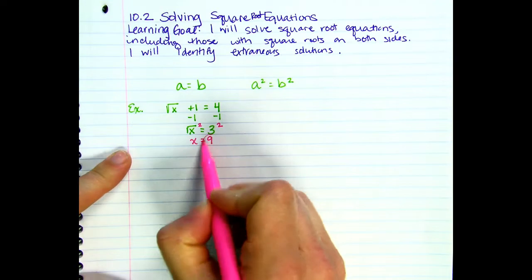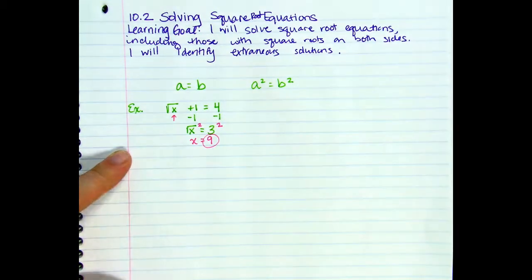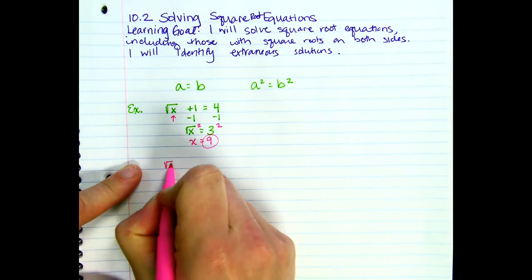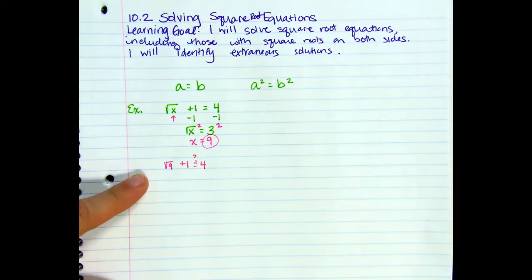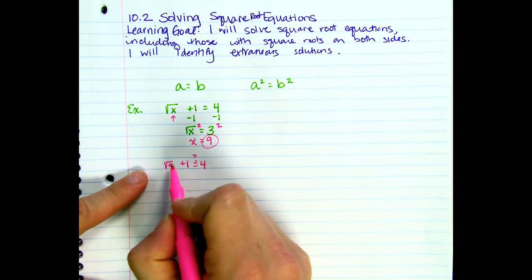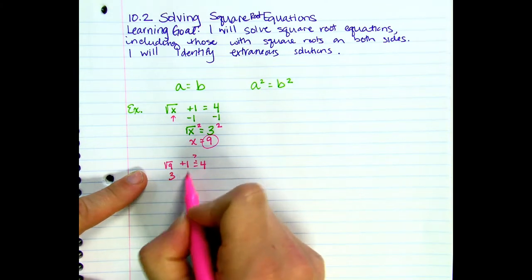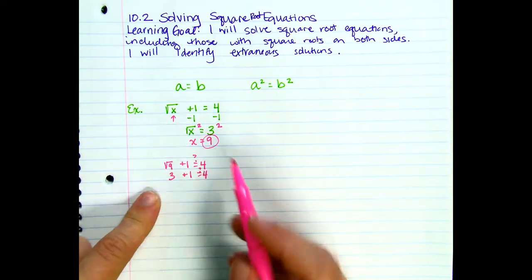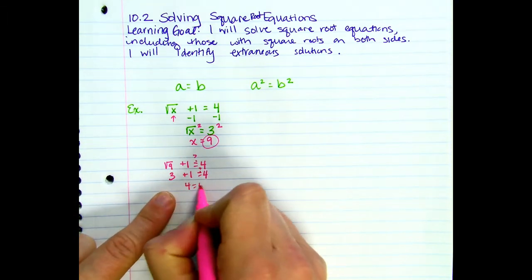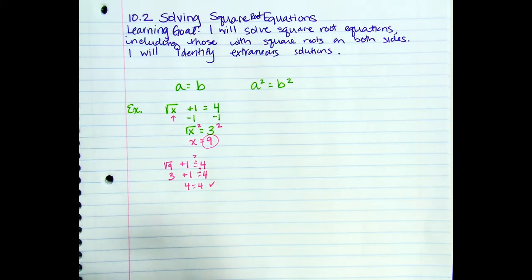I am going to take that and I'm going to stick it in there just to make sure that it works. So I get the square root of 9 plus 1 equals 4, hopefully. The square root of 9 is 3. Plus 1, does that equal 4? Let's see, 4 equals 4. Yes, it does, so our solution is correct there.